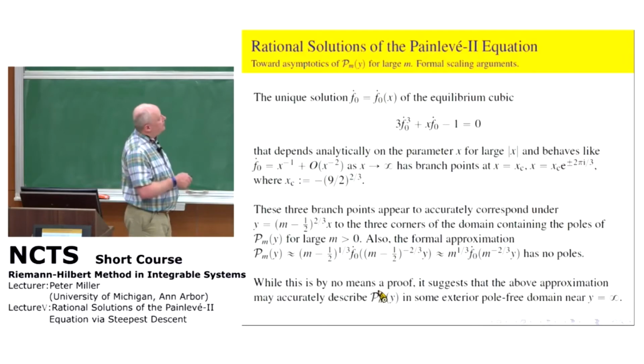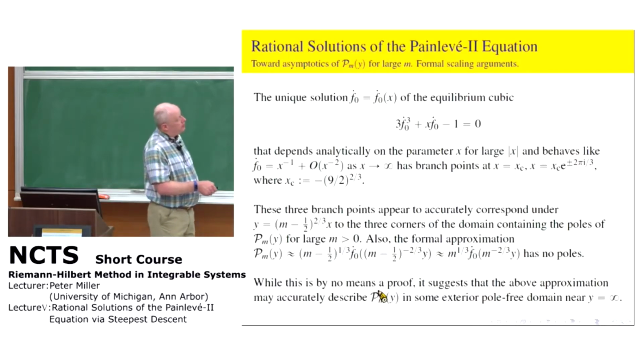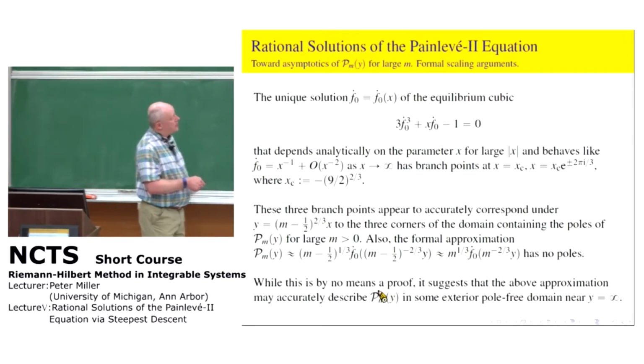Okay, so these 3 branching points appear to accurately correspond under this scaling. Remember, x is the point about which we're exploring in the y-plane. So if you scale that up by m to the 2/3, these values seem to match pretty well the 3 corners of that domain that contains the poles in the plots for large m.